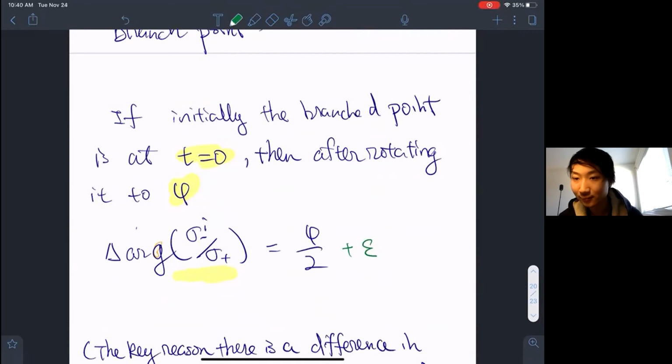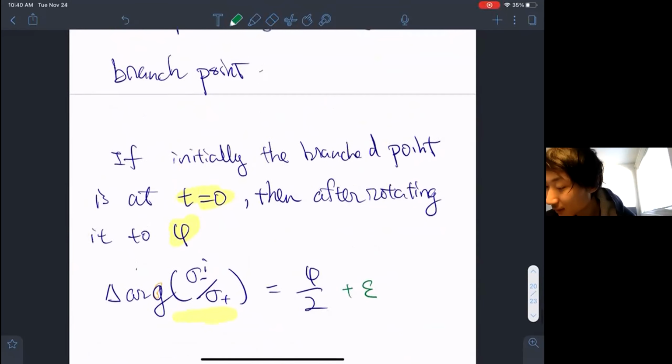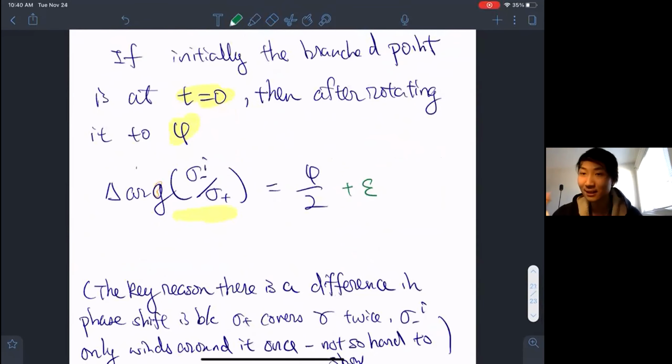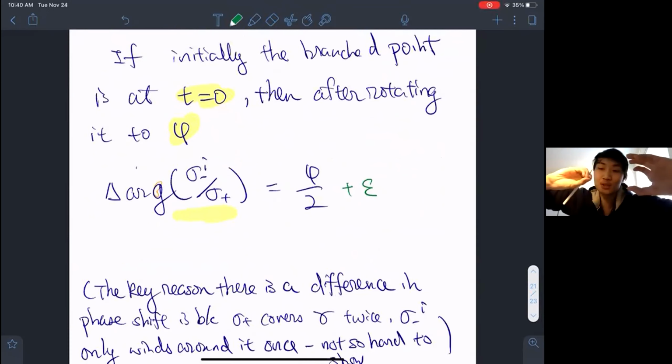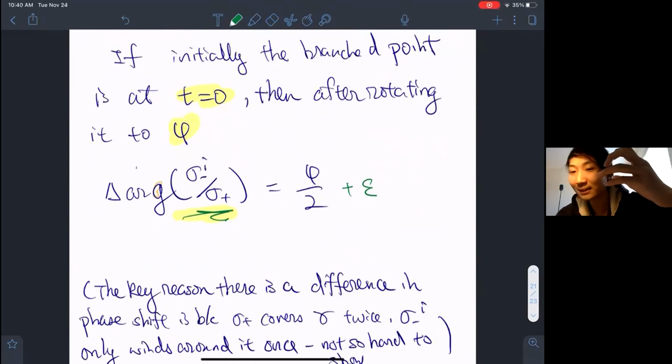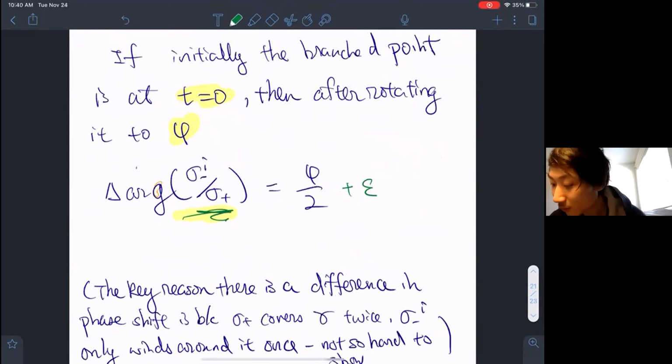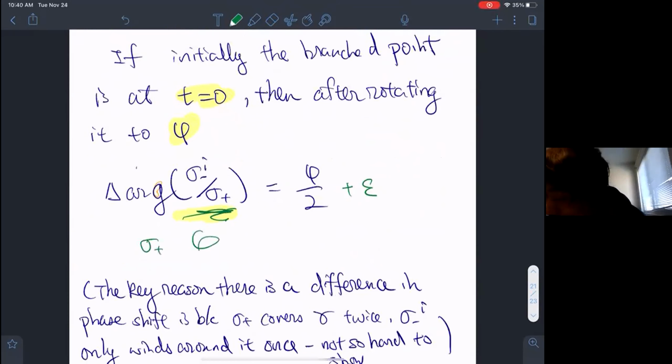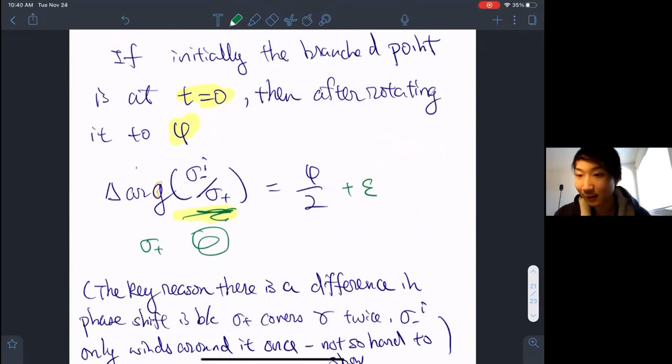Okay. And the reason for this is, you can ask, well, if I'm rotating the branch point, both ends are rotating at the same rate. Why is there some relative phase difference between the sigma minus and the sigma plus? And the reason essentially boils down to sigma plus is a double cover of the Rabe orbit, and sigma minus at the negative ends is a simple cover of the Rabe orbit.